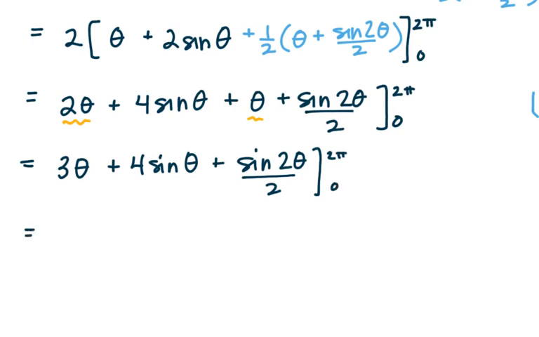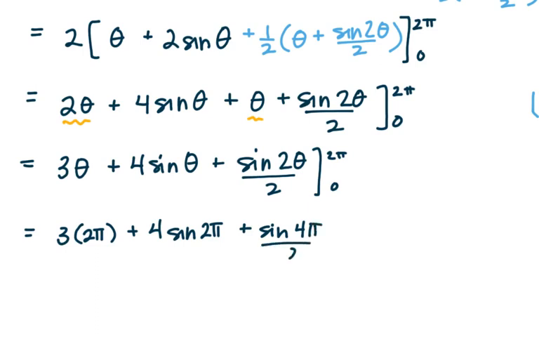So plugging in 2 pi, I have 3 times 2 pi plus 4 times the sine of 2 pi plus sine 2 times 2 pi gives me the sine of 4 pi over 2, minus, and when I plug in 0, I get 3 times 0, 4 sine of 0 plus the sine of 0 over 2.